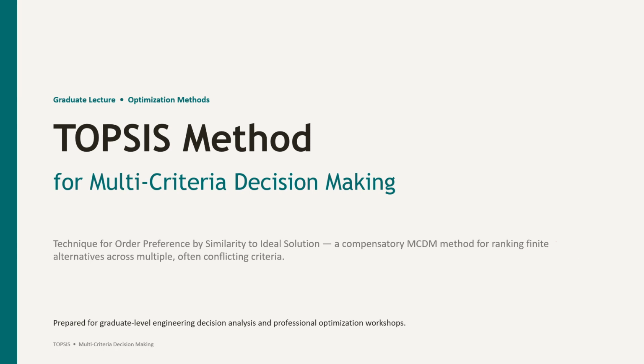In this type of MCDM method, the result is a fraction that decides among multiple options which one is the best. Okay, so this is our topic of today's lecture.